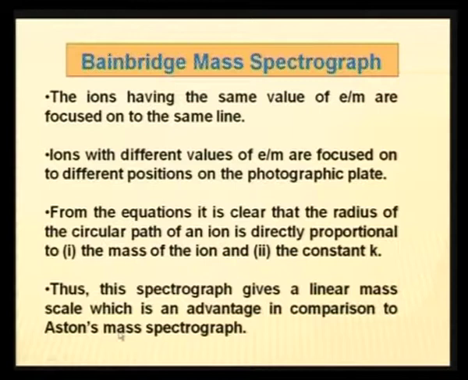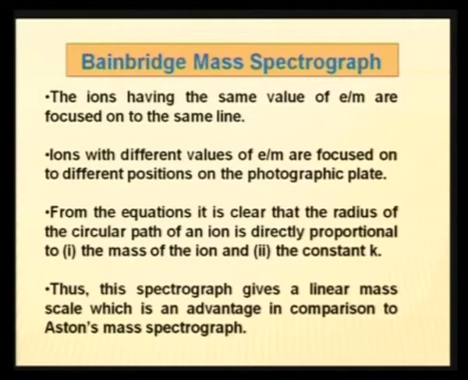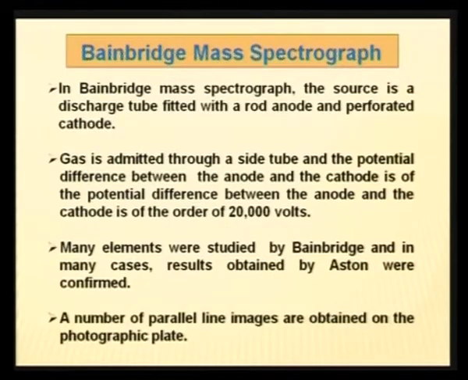After Aston was the first person to make a spectrograph, the Bainbridge mass spectrograph is superior to that of Aston's. The convenience is, as I told you just now, that this spectrograph gives a linear mass scale.